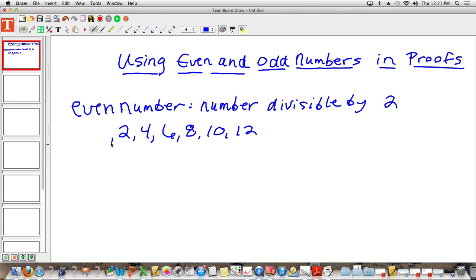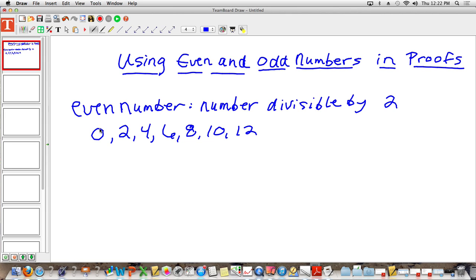Is 0 an even number? Is 0 divisible by 2? What is 0 divided by 2? 0. Can you divide 0 by 2? Yeah, you can. 0 is an even number. And 0 is not an odd number.